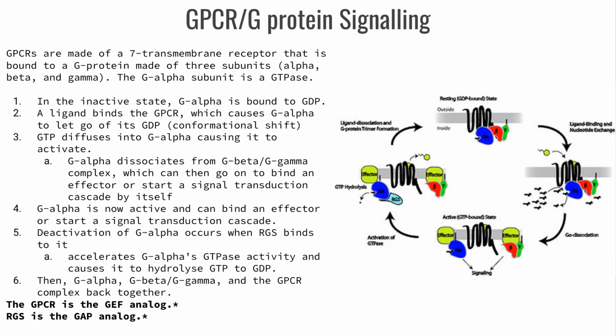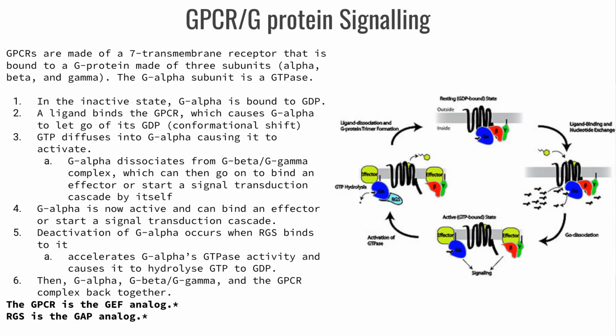Once GTP binds G alpha, it gets activated, and the activation of G alpha causes it to dissociate from the receptor, as well as from the G beta and G gamma subunits. Then the G alpha can go and start a signal transduction cascade.